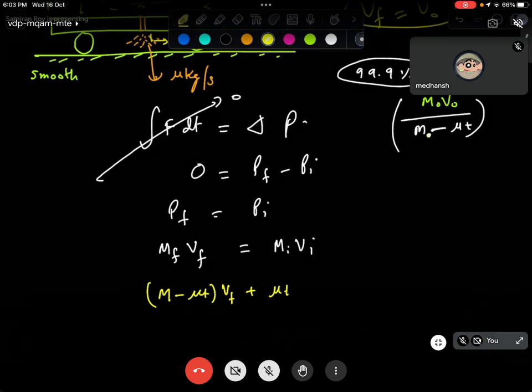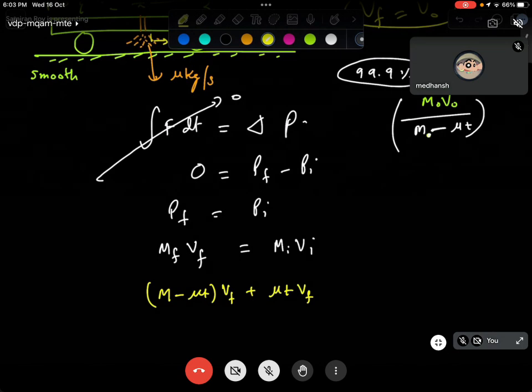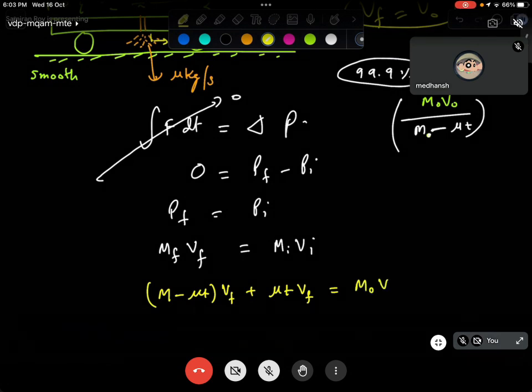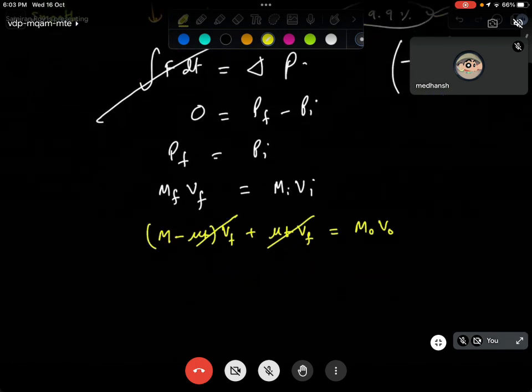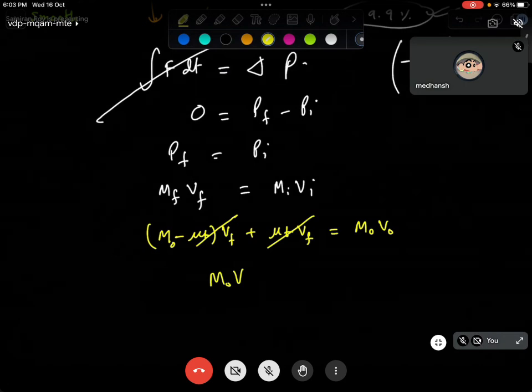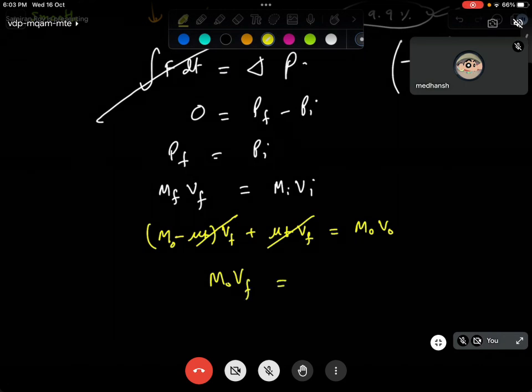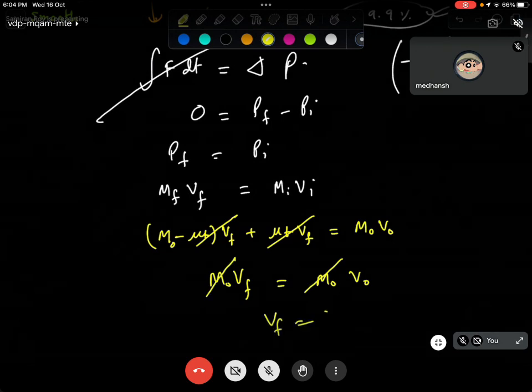That is equal to initial mass m naught, velocity v naught. mu t into vf gets cancelled. So m naught v f equal to m naught v naught. So vf equal to v naught.